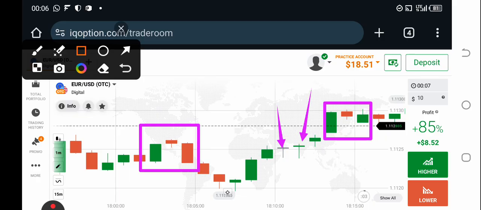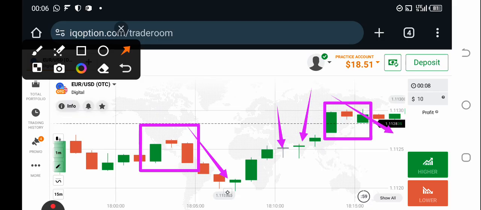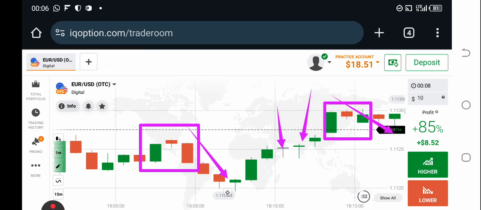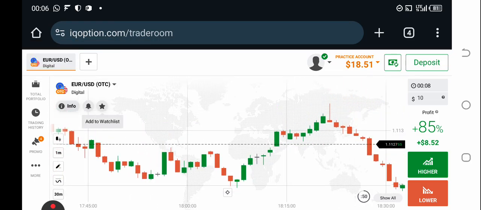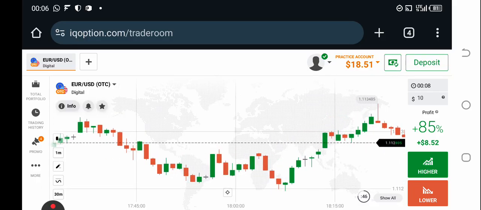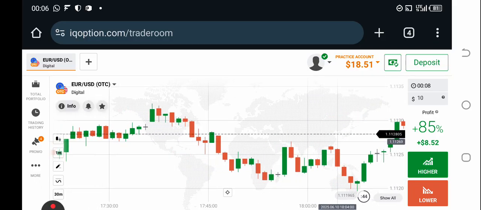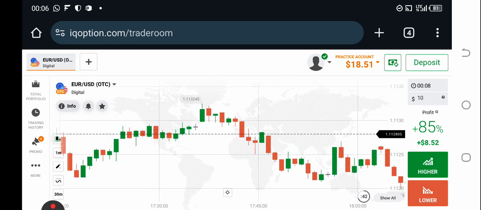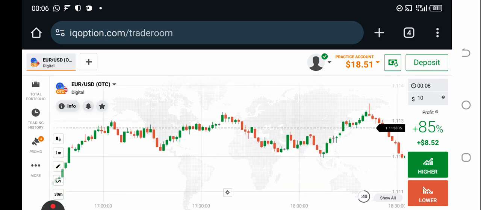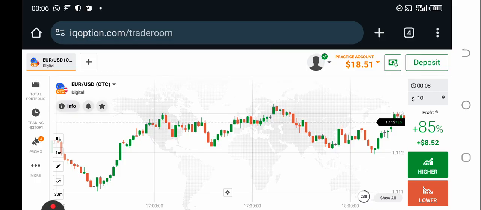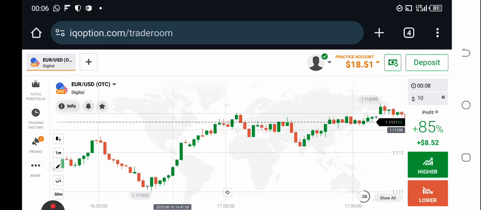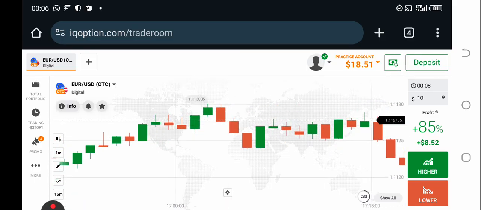You can see at the end of this pattern, the market will always reverse. Look at it, it is going to reverse. Let me look for... okay, fine, perfect. Look at the bearish engulfing candle.